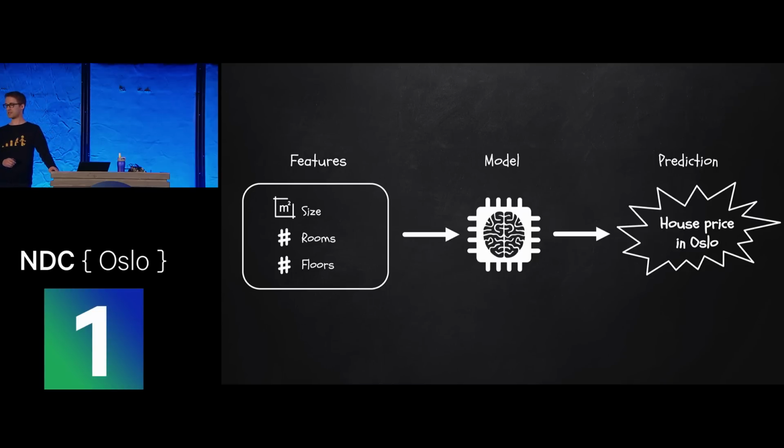To make things a bit easier for us and to, in a couple of minutes, visualize the development of a model a bit better, I'm going to reduce the number of features to just one. So we just look at the house size and call this feature X. The next thing we need is some sample data.